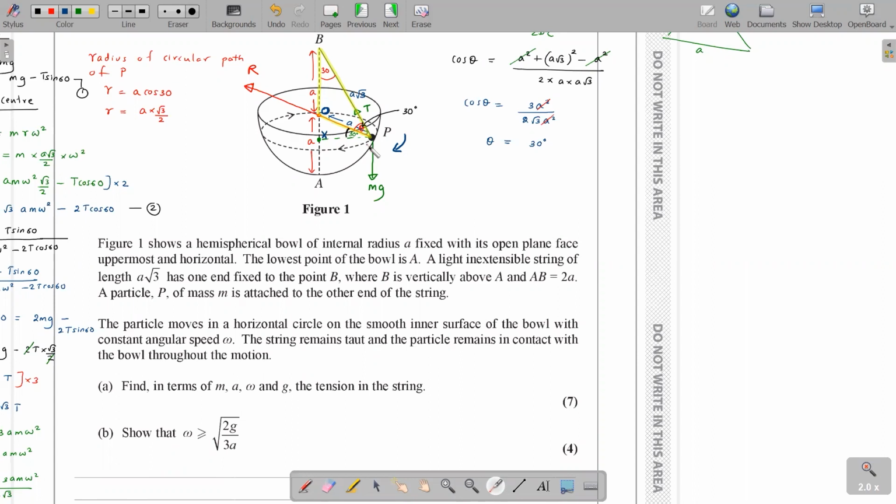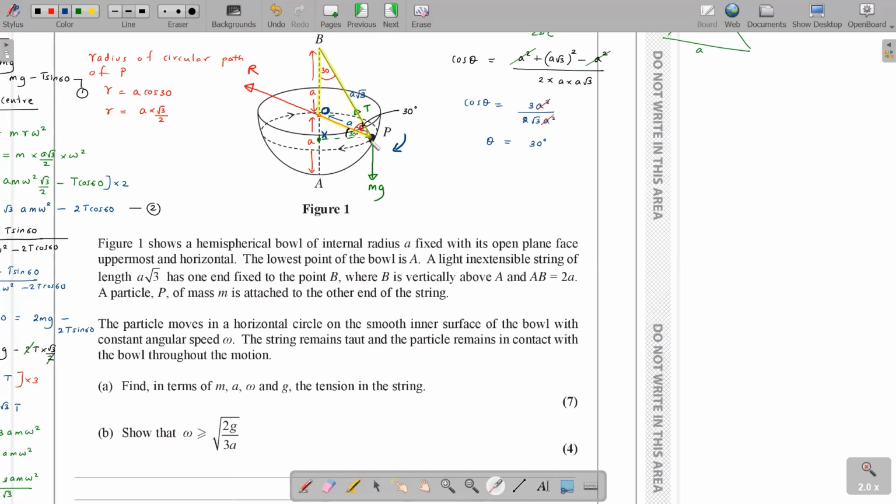Because the circular motion here mainly depends on the normal reaction. Why is that? Because the horizontal circular motion is performed on this hemisphere while the object is touching the hemisphere, right? So it's this touch that gives this normal reaction.